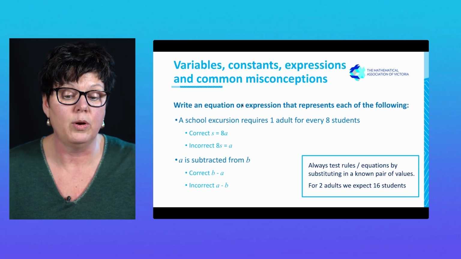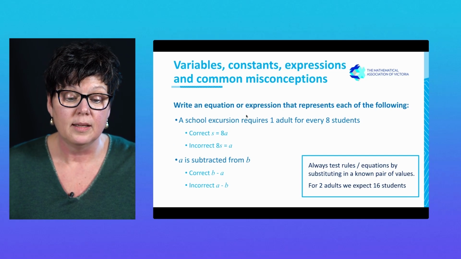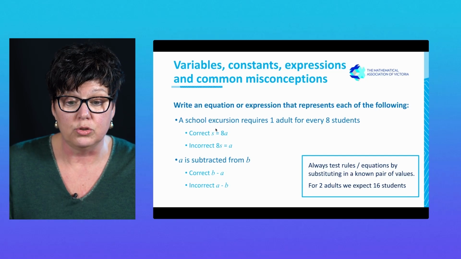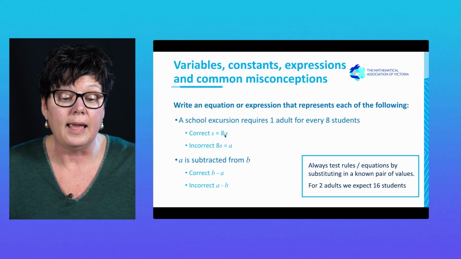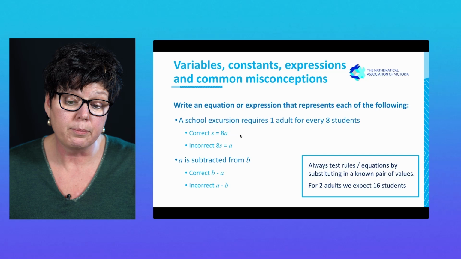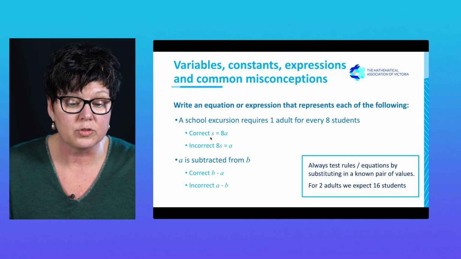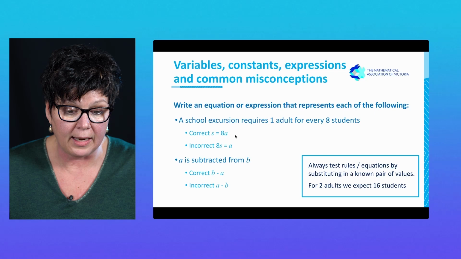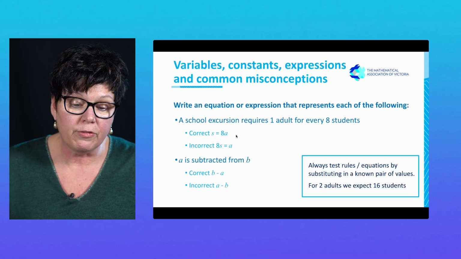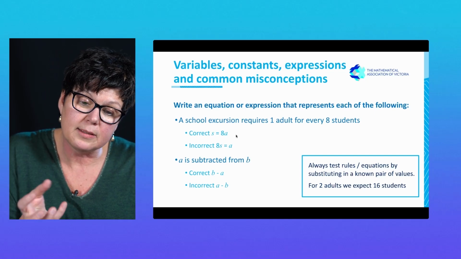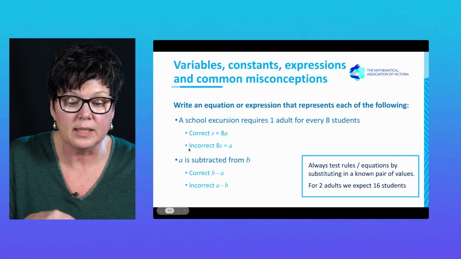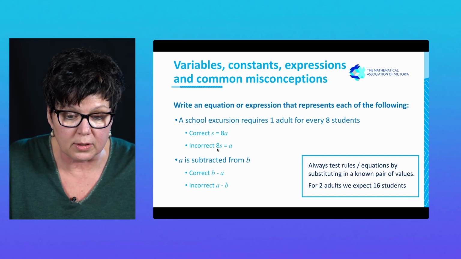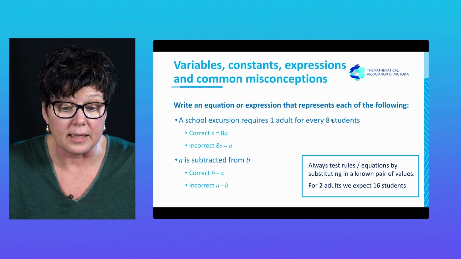So probably what you've come up with is that the correct answer is student equals 8 multiplied by a, or our number of students is equal to 8 times the number of adults. But very often, particularly while students might still be thinking of variables as objects, they will associate the 8 with the student because it's also how they're reading it.